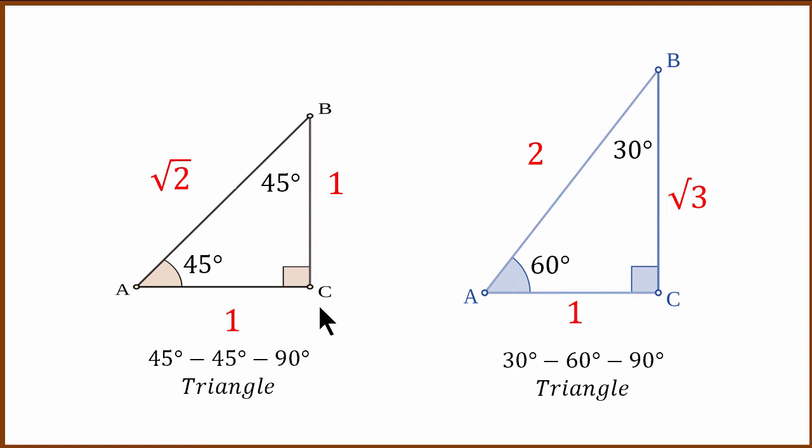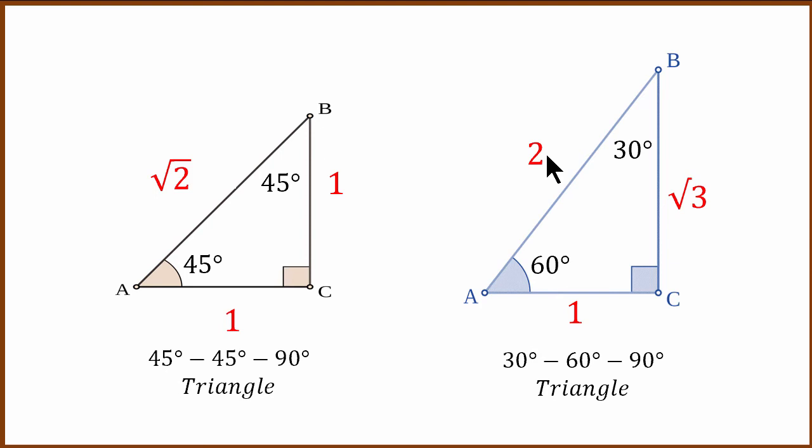So to summarize, if you remember these two triangles where the sides are 1, 1, root 2 for 45 degree and 1, root 3 and 2 for the 30, 60, 90 degree triangle, you don't have to remember the table. You can easily find the ratio by using this triangle.